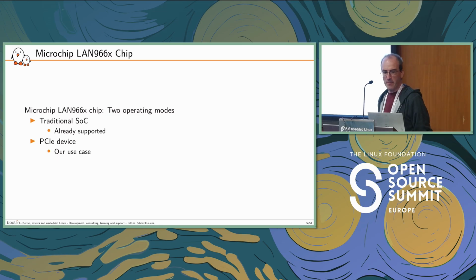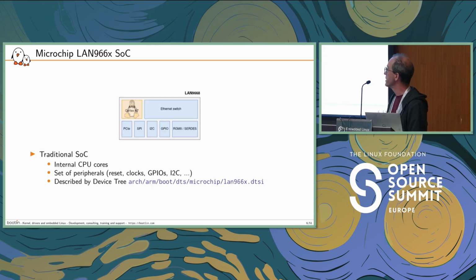So Microchip proposed this chip in two modes. The first one is the traditional SoC, which is already supported with all drivers available, and everything is working. And the second one is as a PCI device. This is our use case.